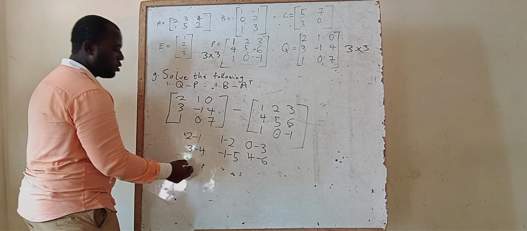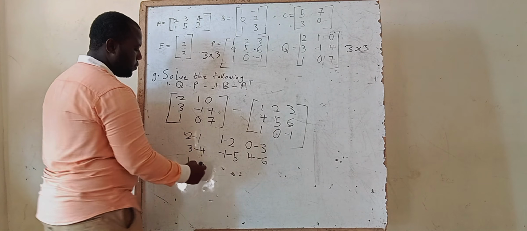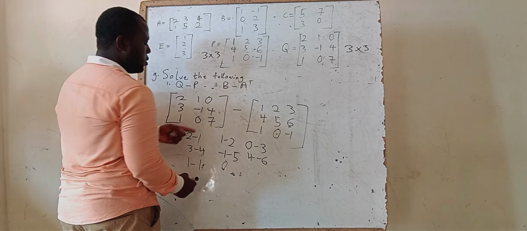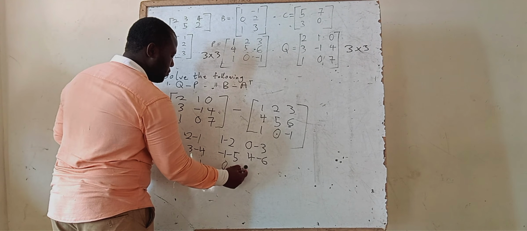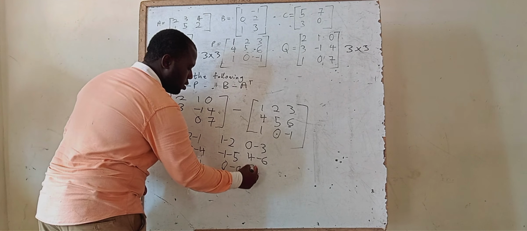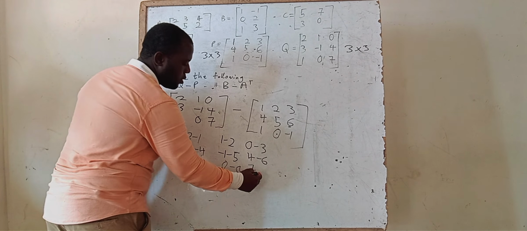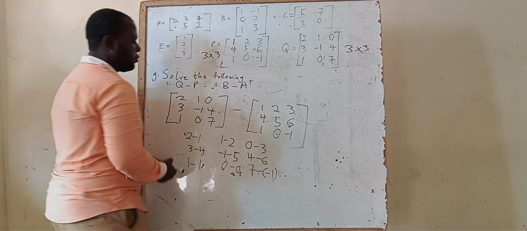We have 1. 1 minus its corresponding element being 1. We have 0. 0 minus its corresponding element being 0. Then we have 7. 7 minus its corresponding element being negative 1.